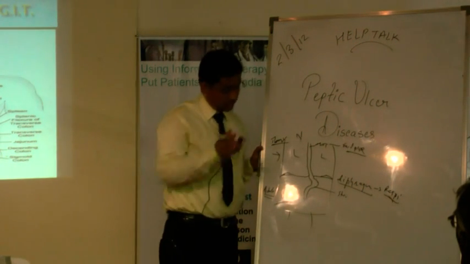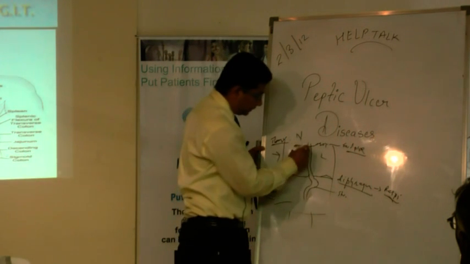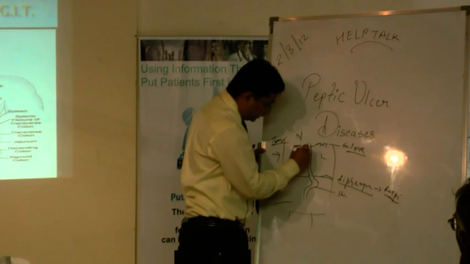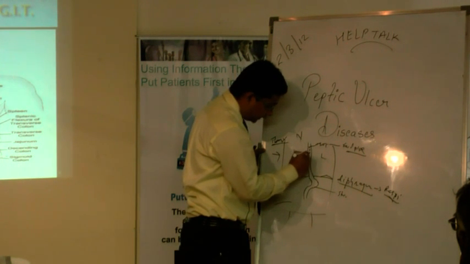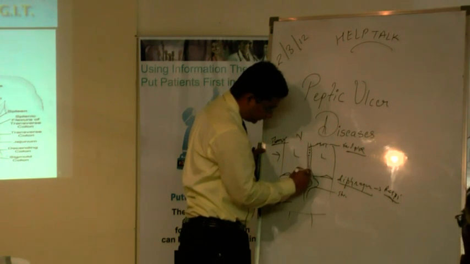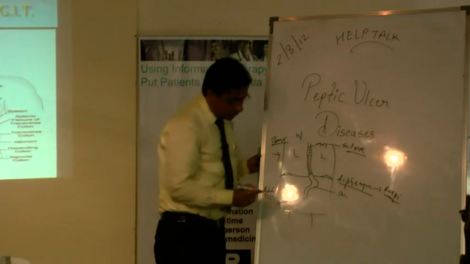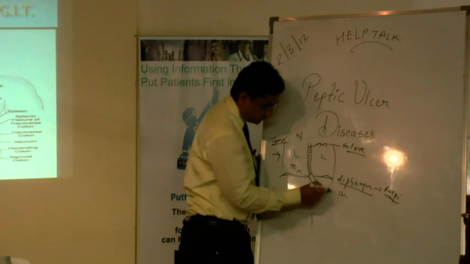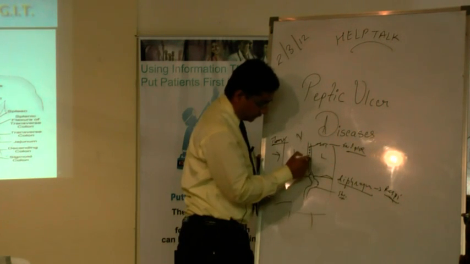When the food particles are chewed and mixed with salivary amylase, it slowly comes down. Here, this is called the gastroesophageal junction. That means this is the stomach, which is called the gastrium, and this is the esophagus.